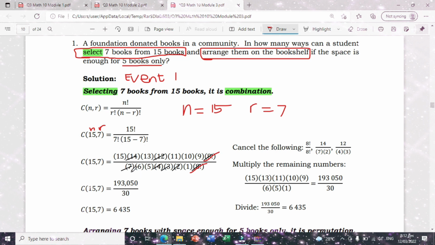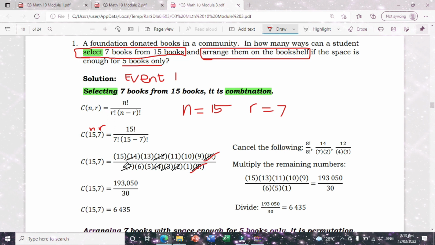So, 7 factorial is 7, 6, 5, 4, 3, 2 times 1. Grade 5 mathematics. Para hindi tayo malakihan ng pagmumultiply ng numbers or magde-divide ng malaking numbers, we do the cancellation.